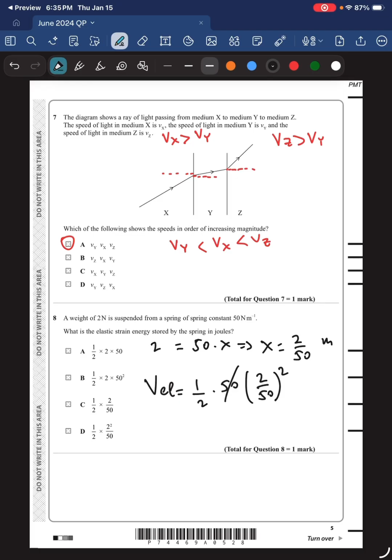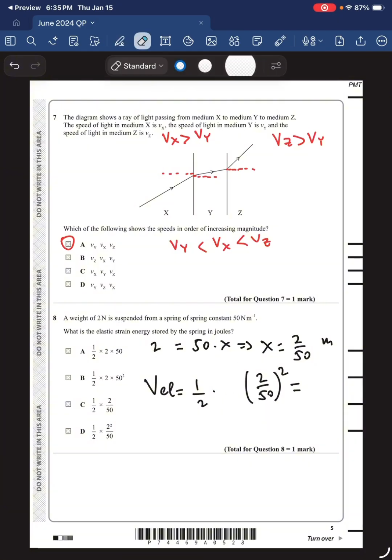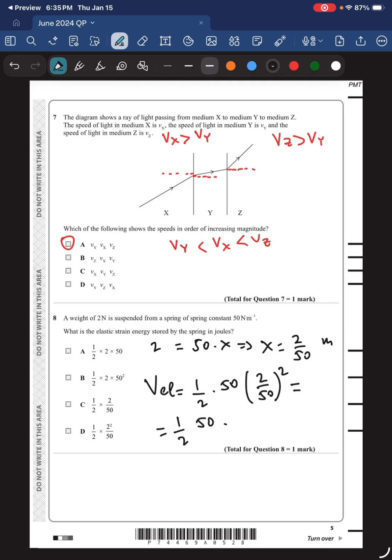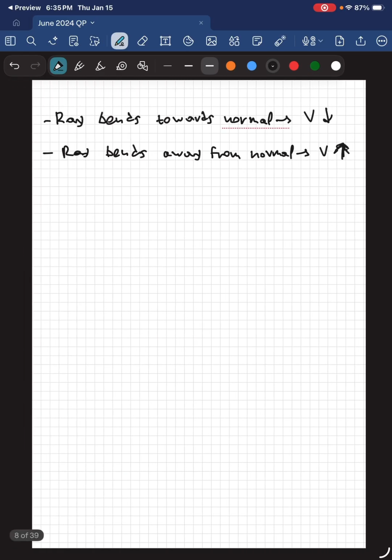Okay, so this 50 gets cancelled with, actually, okay, this looks confusing. Okay, 1/2 50 times that, which is equal to 1/2 50 times 2 squared over 50 squared, and now we can cancel. Okay, so what's the only correct answer? D.